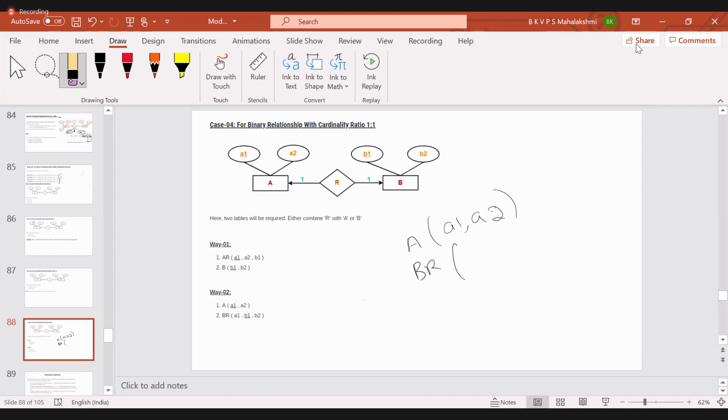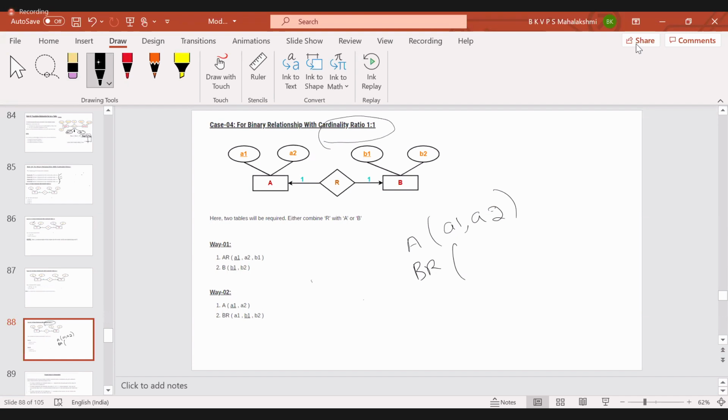Instead of it, you can just consider the other entity's keys, that's it. You cannot write the structure of the table separately again for the next table. So it will be helpful for us if we know the thumb rules of the cardinality ratios.